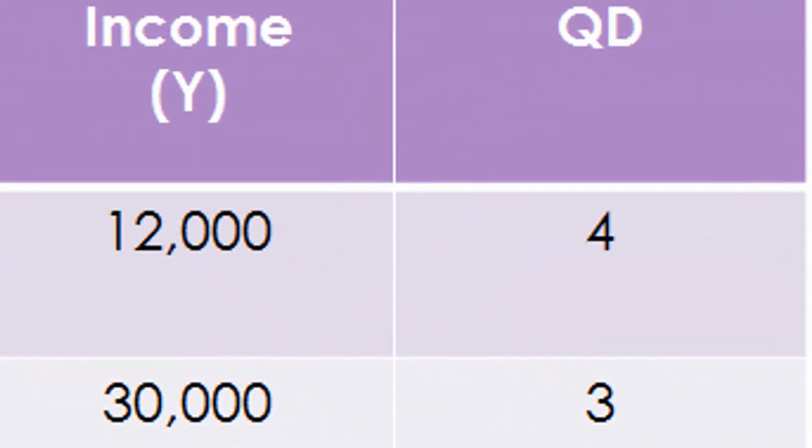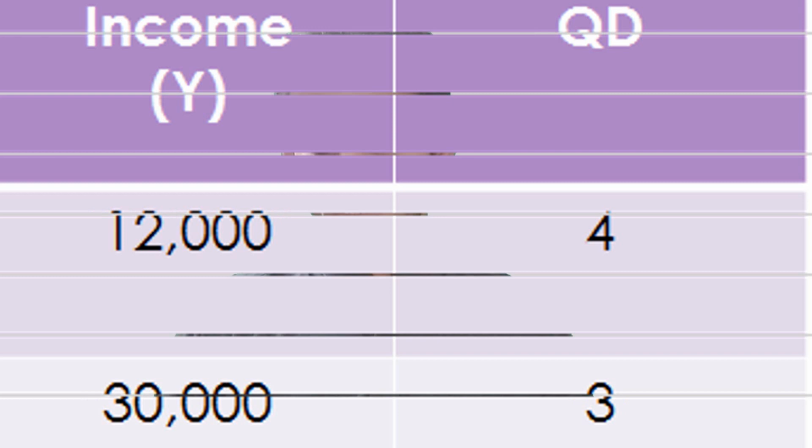So now let's take a look at one of these schedules and the calculations of income elasticity of demand. Look at the data in the demand schedule. It shows that the income increases from 12,000 to 30,000, while quantity demanded decreases from 4 to 3.